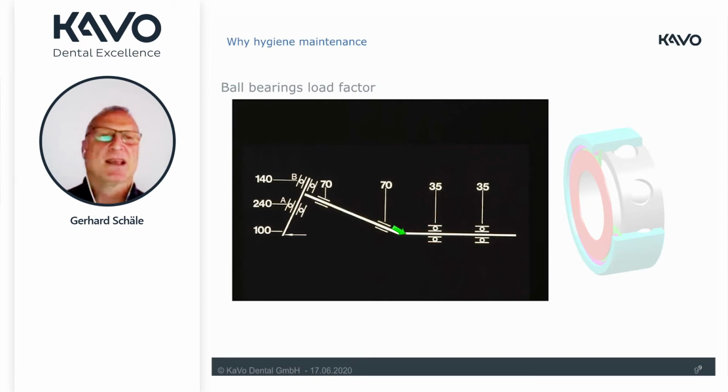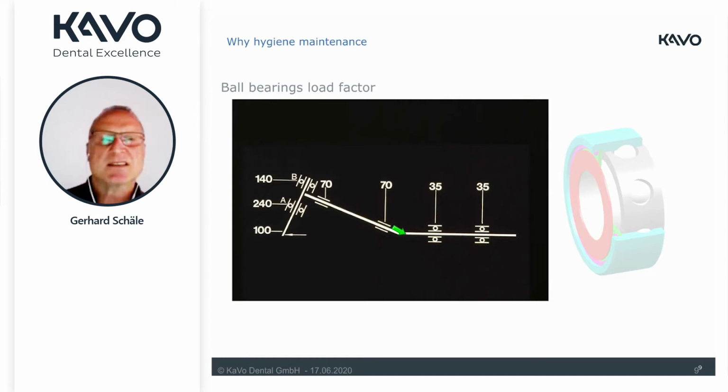How does it look, and why do we talk about hygienic maintenance? As in the previous slides, you have seen that the instruments consist of a lot of different parts, and one of the most important parts responsible for the correct speed transmission are the ball bearings on the inside. I have here a small picture of how this looks.